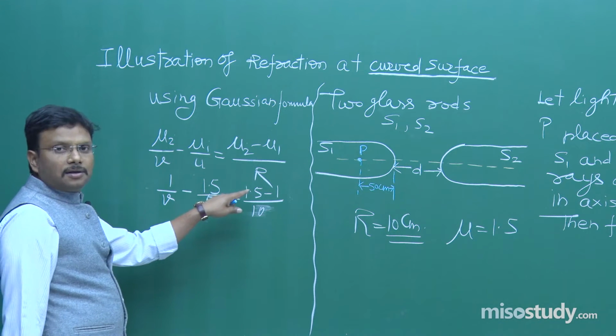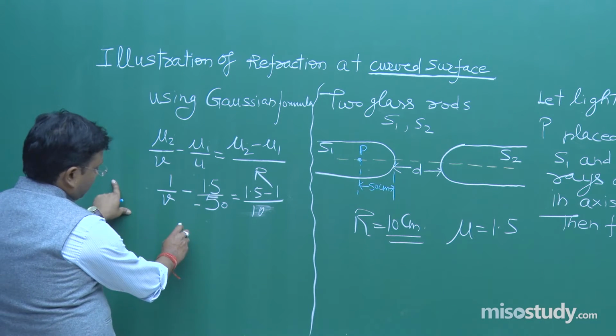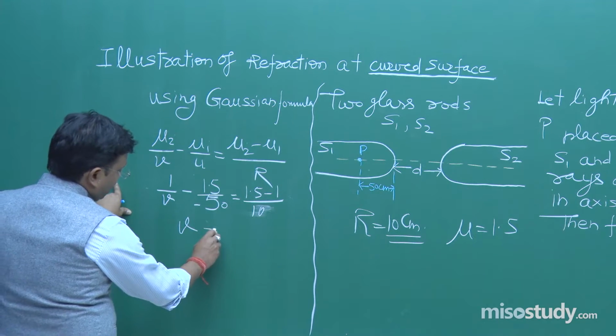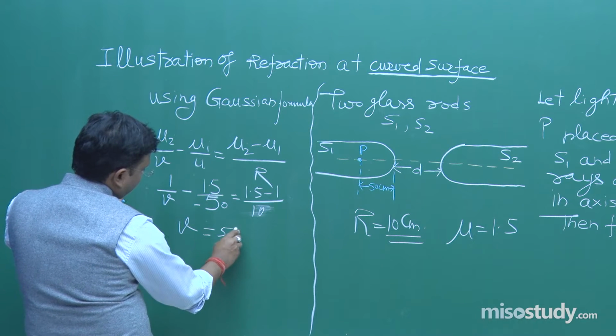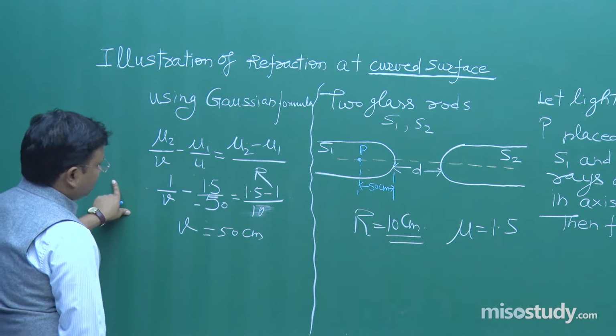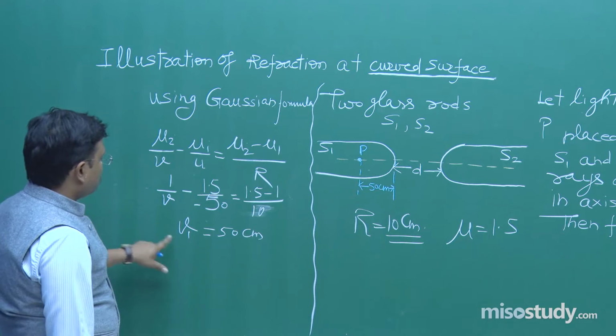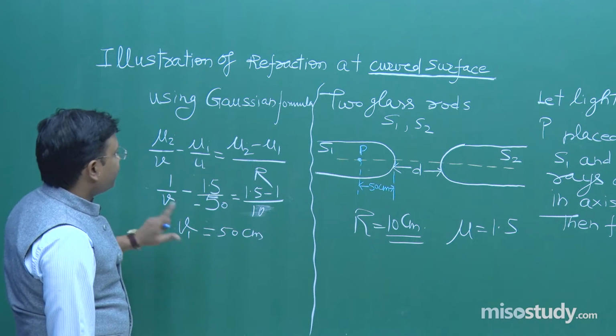Simply solve it. See the simplicity of the problem. You will get V equal to 50 centimeters. Because I am using these relations for rod S1, I simply say it's going to be V1.